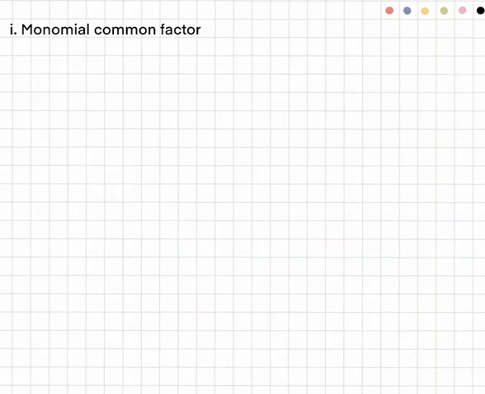Now, what if we have a question that looks like this? Let's say we have 5x5y3 plus 7w to the 5 and z2. Is there a greatest common factor here that I can take out in my coefficients?